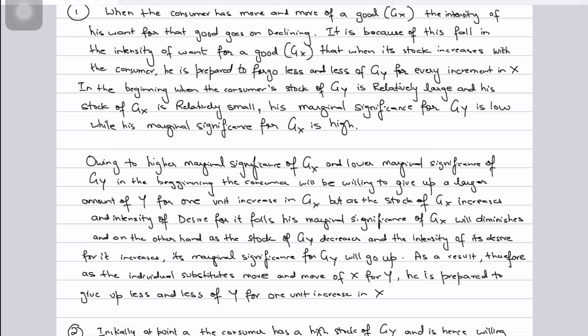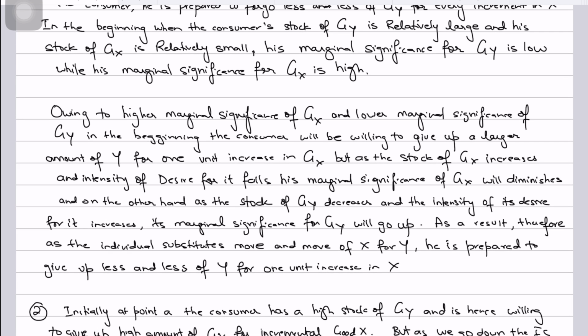So the stock of good Y will be decreasing as he gets more and more of X, and so the intensity of his desire for it increases. That is, we can say the marginal significance for good Y goes up. मार्जिनल सिग्निफिकेंस का मतलब है कि अब कंज्यूमर के लिए each additional unit of Y is worth a lot.